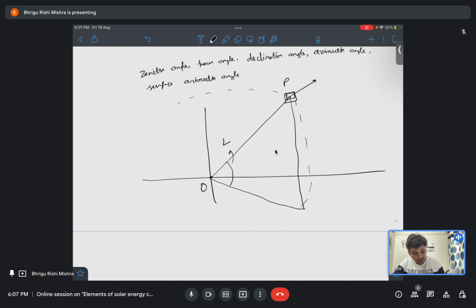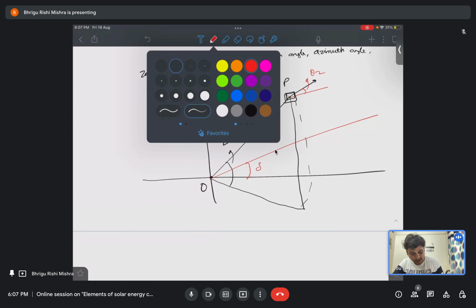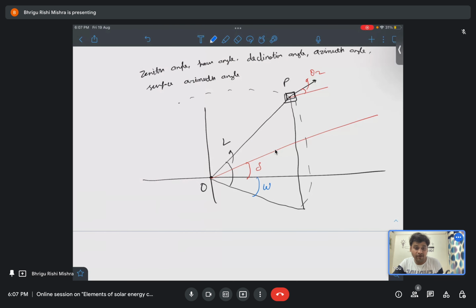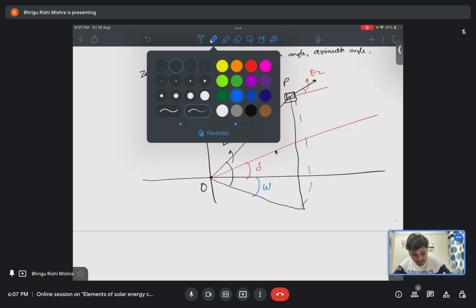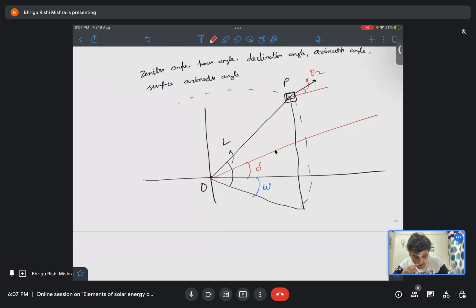Okay, and if sun rays are coming, sun rays are parallel, so one is this and the other is this, so this angle is theta z, and this angle which it is making here is the declination angle delta, and this we can say is omega, our angle. So you can see this theta z, and similarly there will be surface azimuth angle, solar azimuth angle.